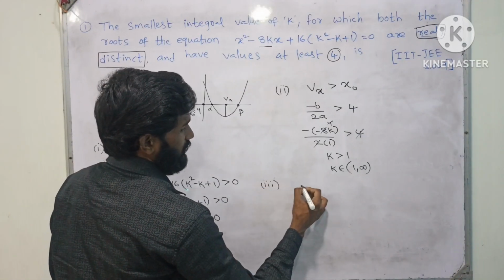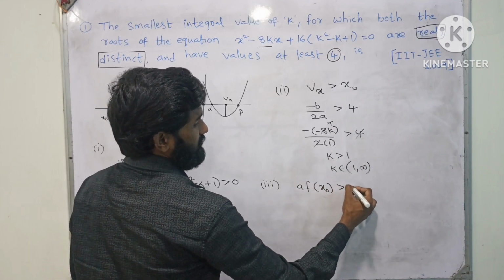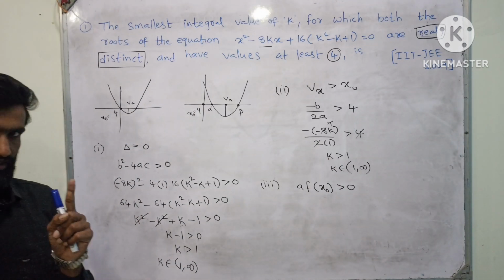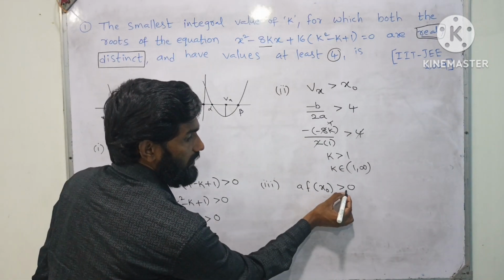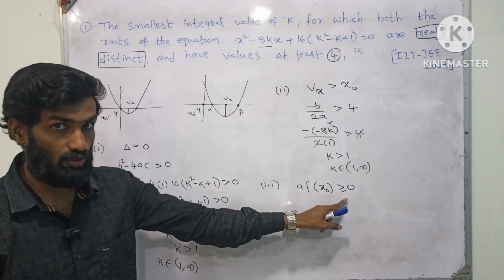Now what is the third condition? We already know the third condition is a into f of x naught greater than 0. Here we have to consider greater than or equal to 0. Why are we considering equal to also?